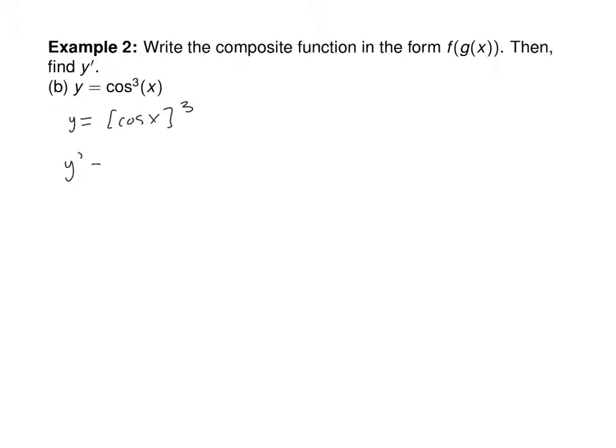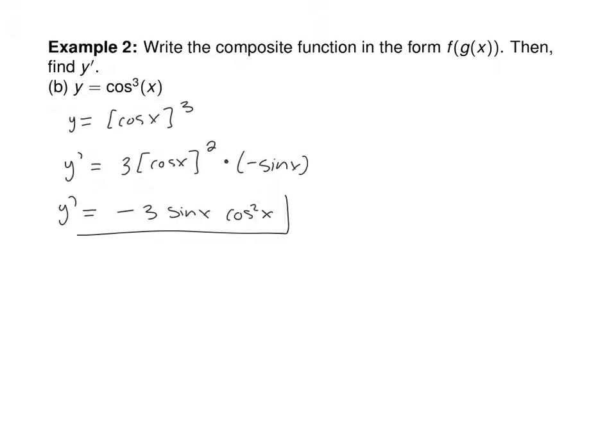So if you differentiate that, you've got 3 times stuff to the power of 2 times the derivative of the inside stuff. And so what's the inside stuff's derivative? Negative sine x. So y prime is negative 3 sine x cosine squared x. It doesn't matter if the sine comes first or the cosine, but it's nice that they have negative 3 there.